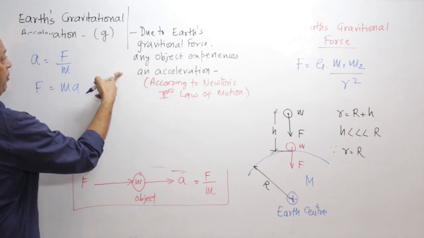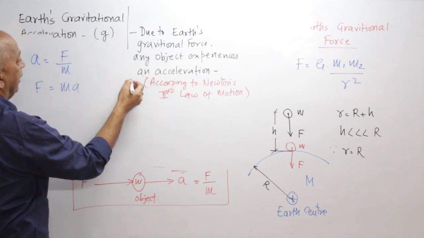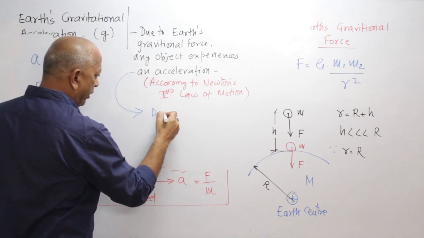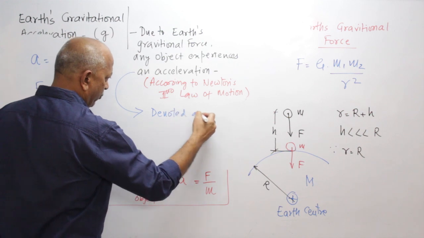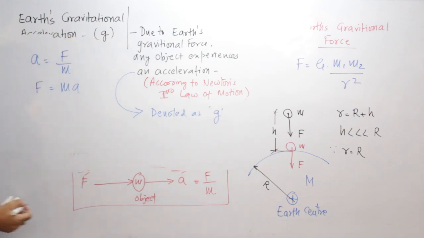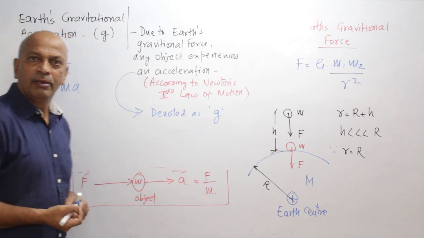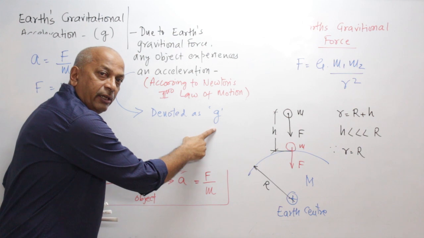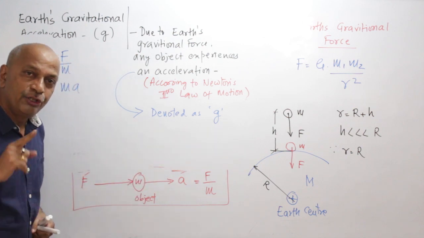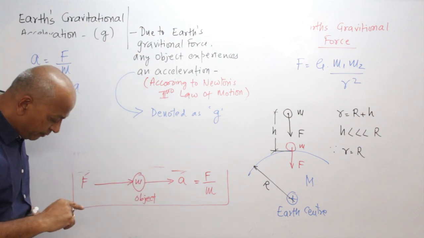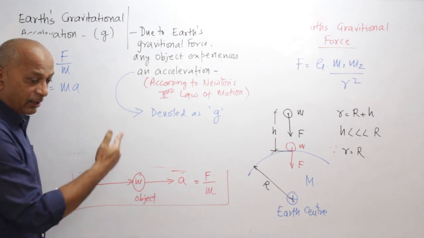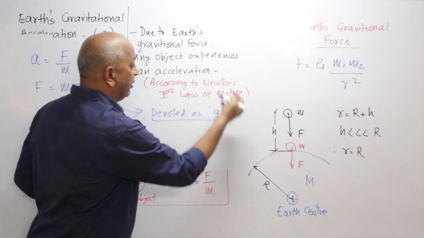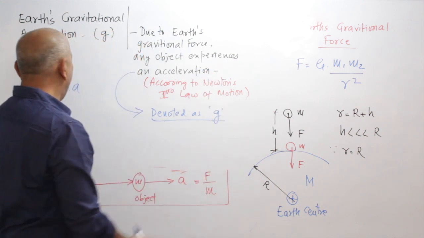This acceleration, when it's provided by Earth, is denoted as g, small g. When will we denote it as g? When the acceleration is due to the force applied by Earth. When the force is applied by the Earth, then the acceleration produced is denoted by g.